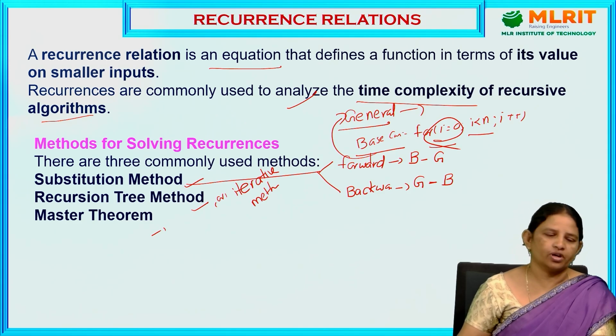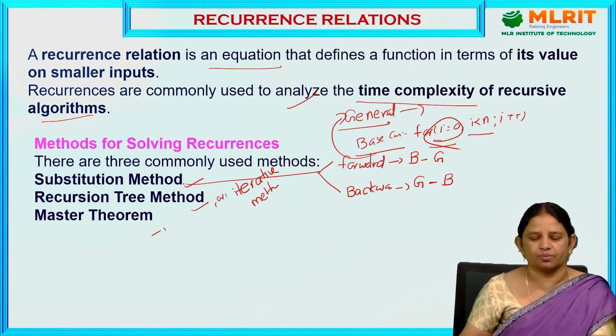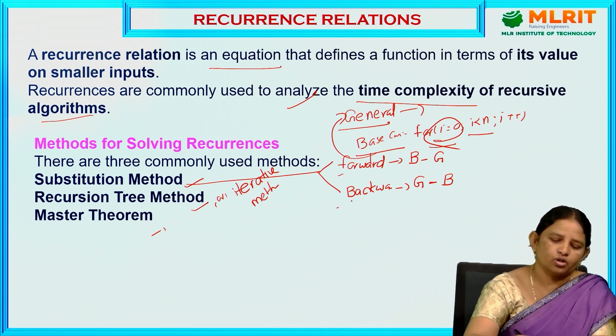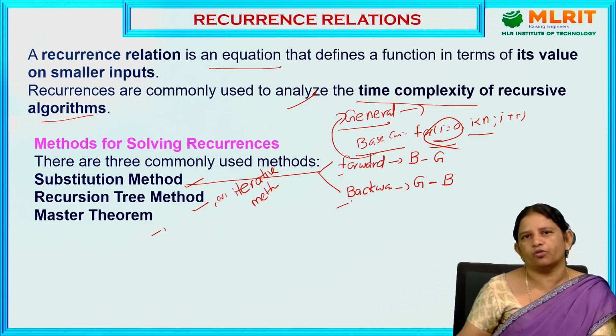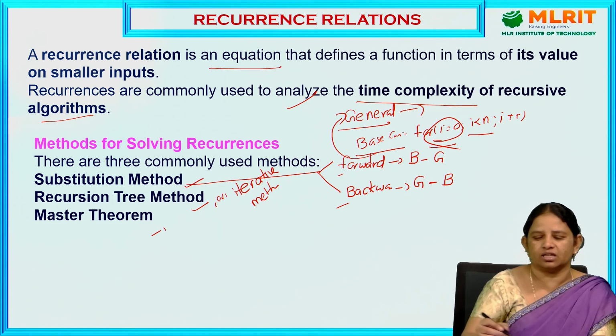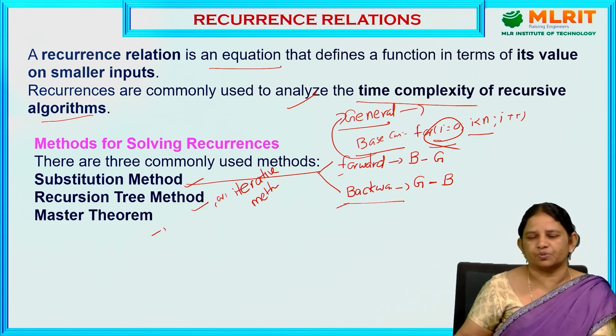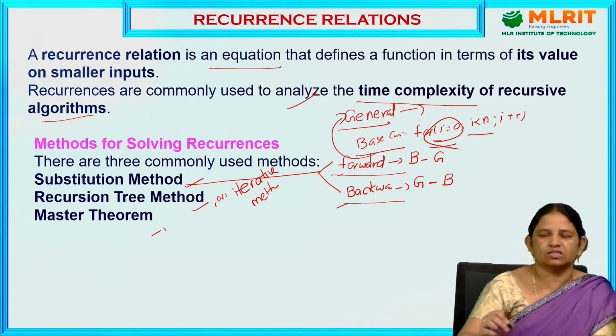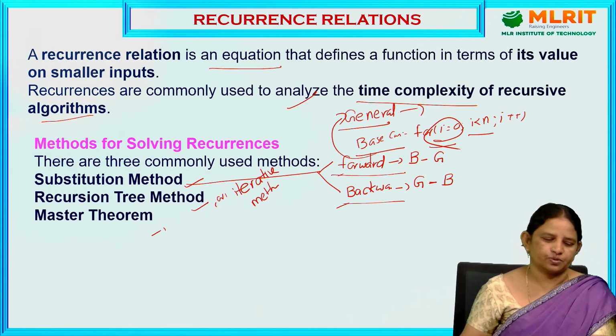In this video, we are going to discuss the substitution method using forward and backward substitution. But compared to forward, in most cases we find the solution for the recurrence relation using backward substitution. Only for rare cases, we use the forward substitution method.